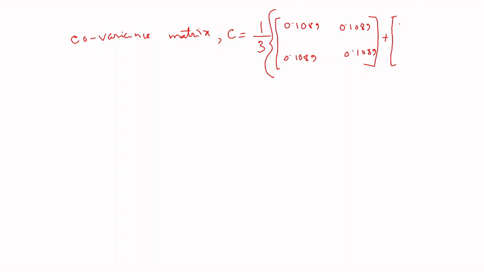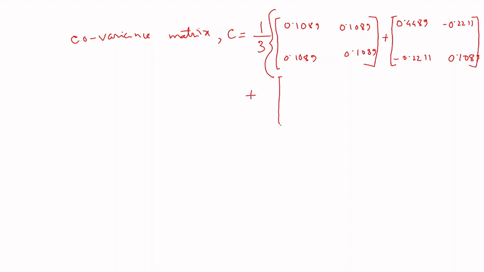what was the 2 by 2 matrix that I got? It is 0.4489, then minus 0.2211, then minus 0.2211, then 0.1089. This was the second matrix.